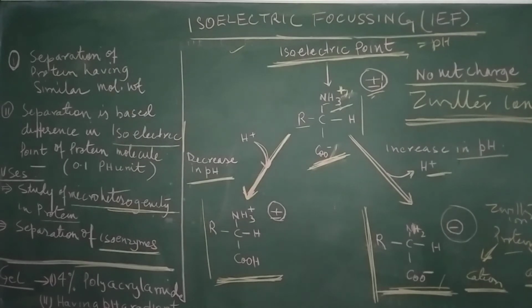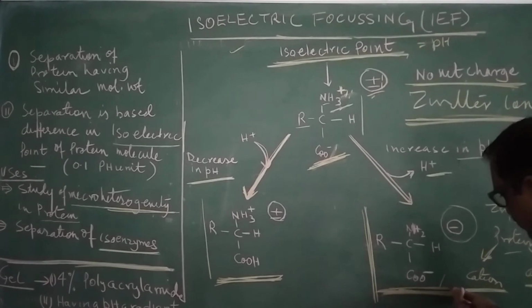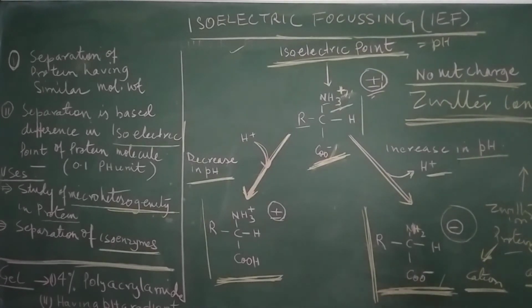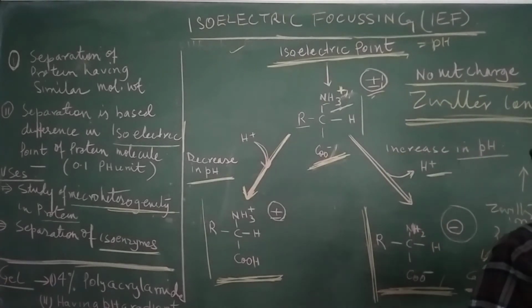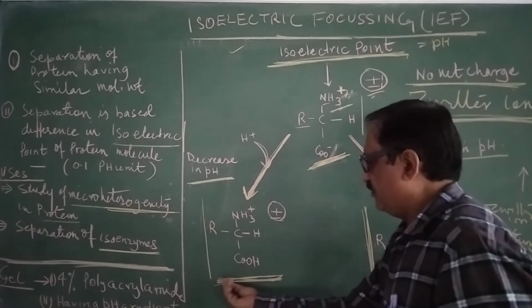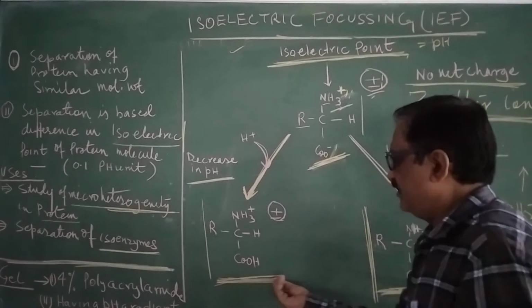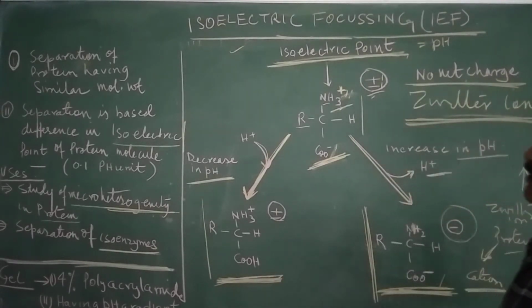So if the pH increases above the isoelectric point, the amino acid or protein will exist as an anion. If the pH decreases, the protein or amino acid will be converted into a cation.